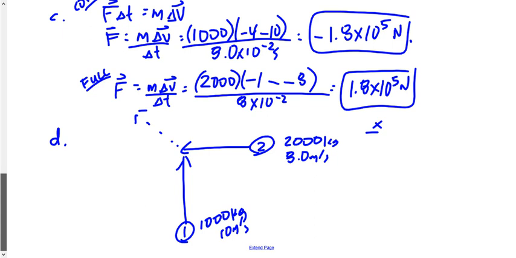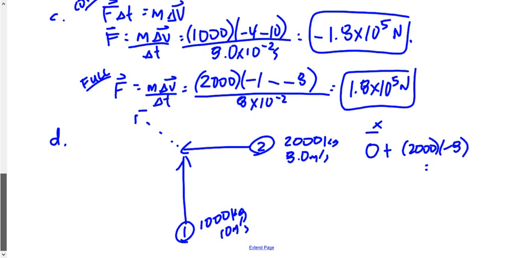PI equals PF. We're going to say M1V1I plus M2V2I, 0 plus 2,000 times -8. Why 0? Where's the 0 come from? Object 1 isn't moving on the x-axis. Object 2 is moving at -8 on the x-axis.